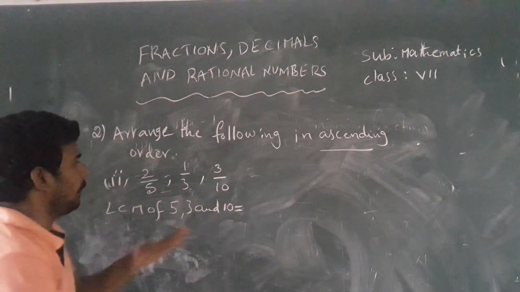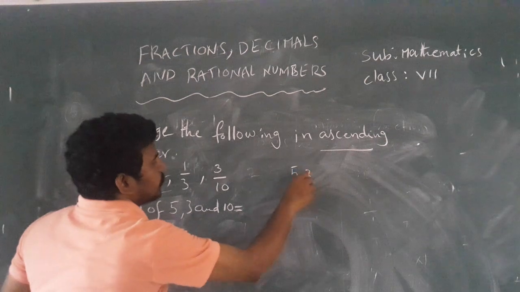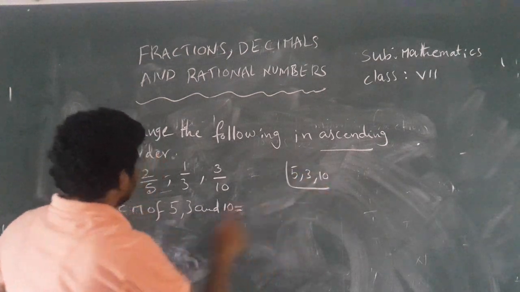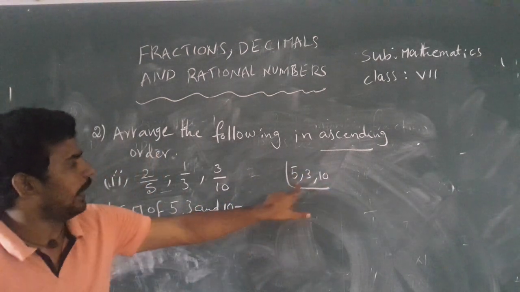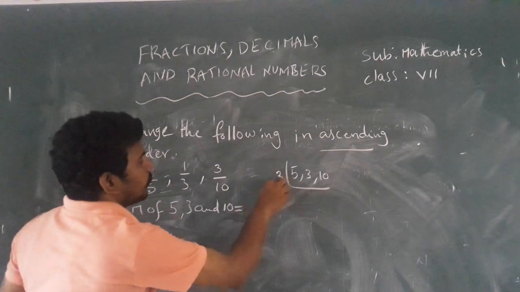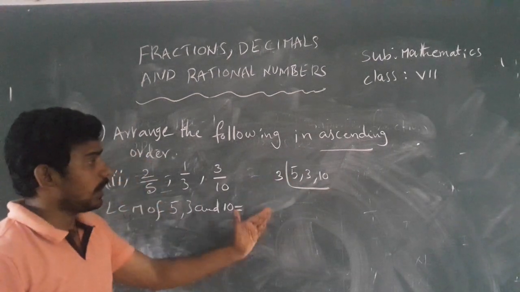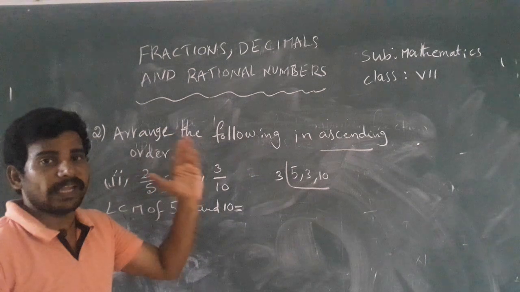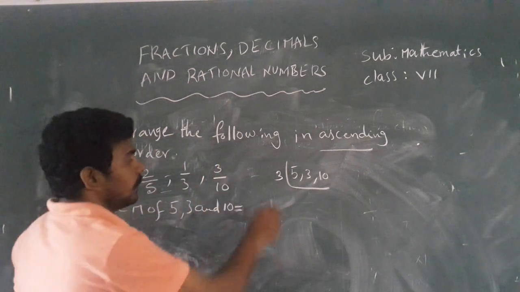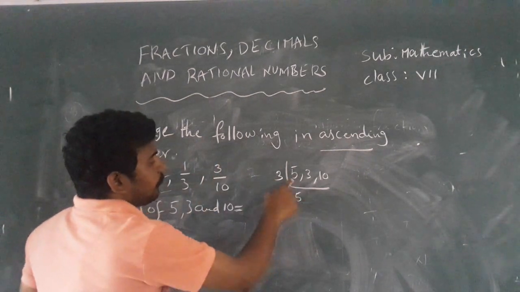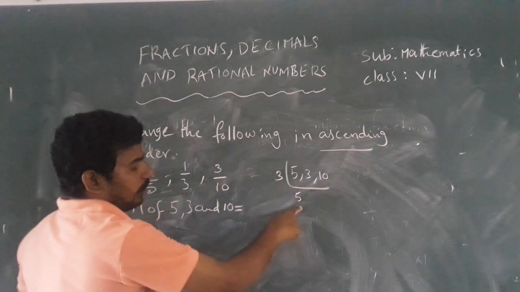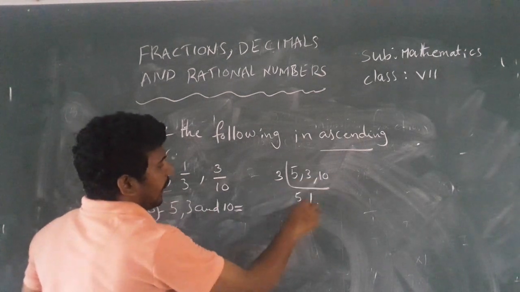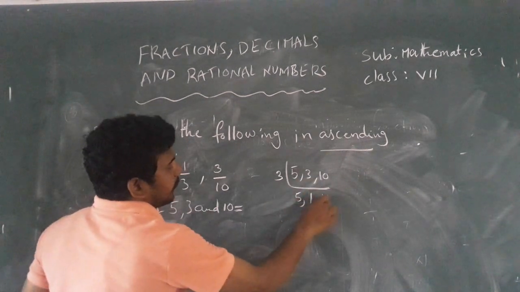Take these three numbers: 5, 3, 10. In this process you have to take prime numbers only. Take first 3. 3 in 5 is not divisible, so bring down 5. In 3, 1 time; in 10 not divisible, take 10.